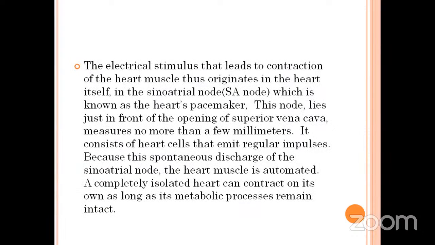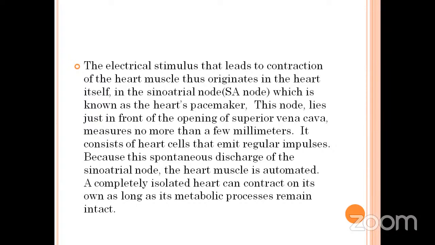The electrical stimulus that leads to contraction of the heart muscles thus originates in the heart itself, in the sinoatrial node or SA node, which is known as the heart's pacemaker. This node lies just in front of the opening of the superior vena cava, measures no more than a few millimeters, very small. It consists of heart cells that emit regular impulses.